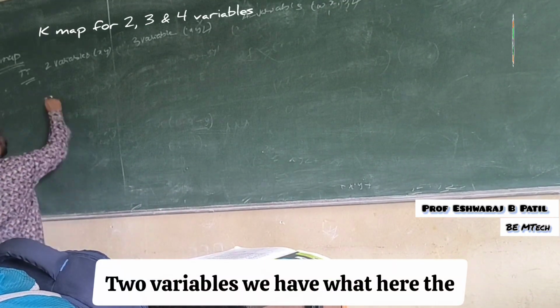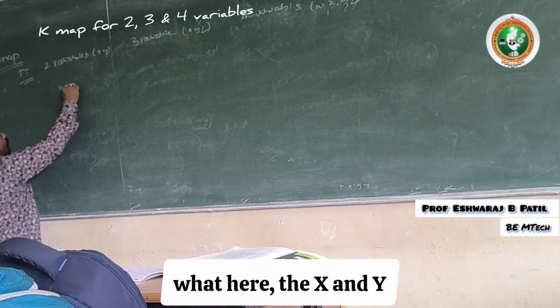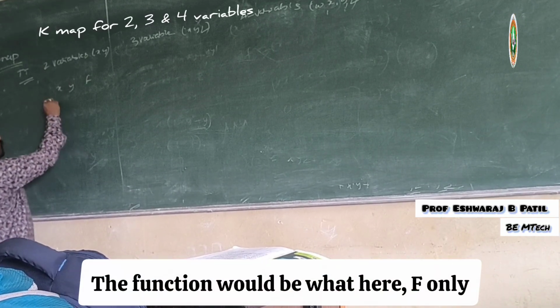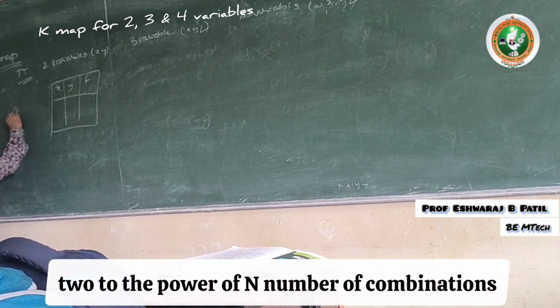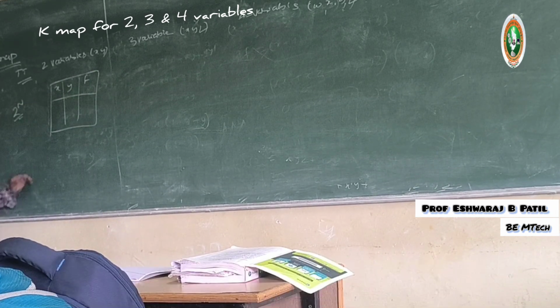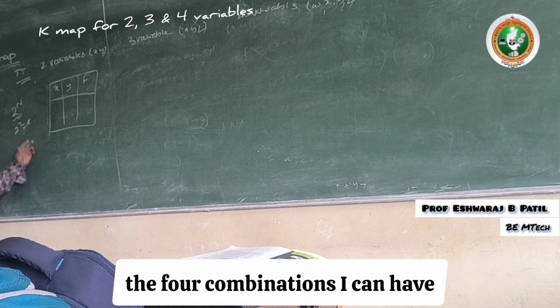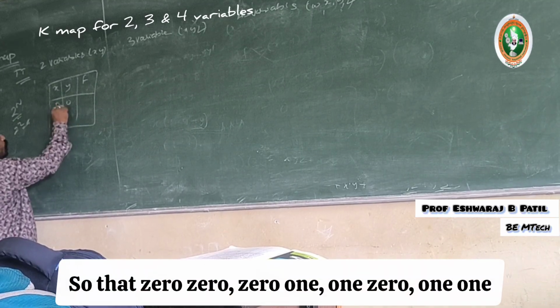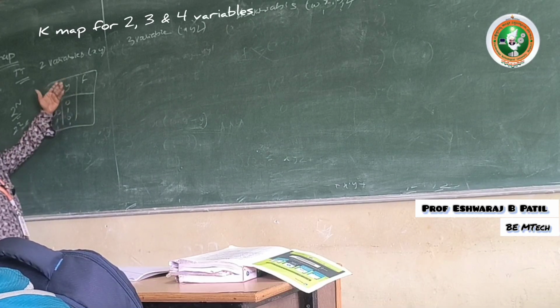With 2 variables, x and y, the function would be f only. The 2 variables can have 2 to the power of n combinations. So 2 to the power of 2 means 4 combinations: 0 0, 0 1, 1 0, 1 1. The function would be whatever we have.